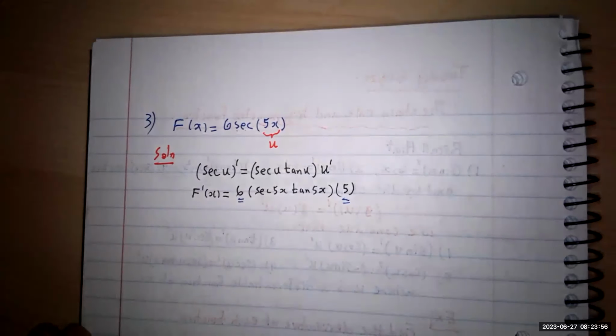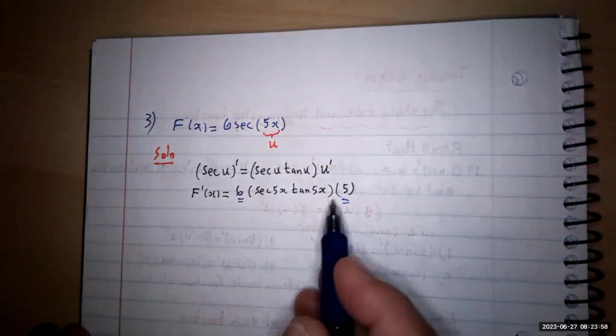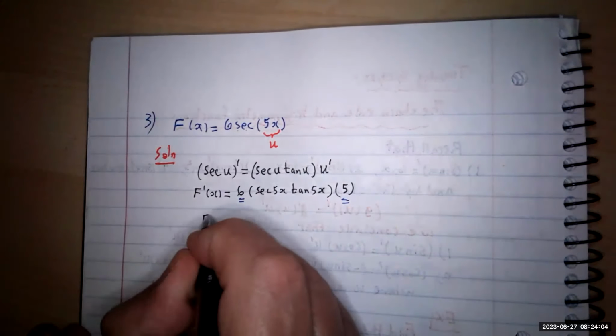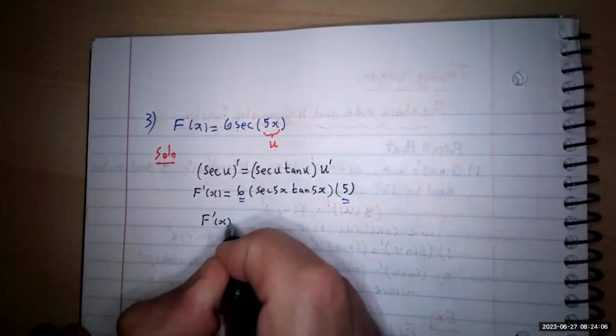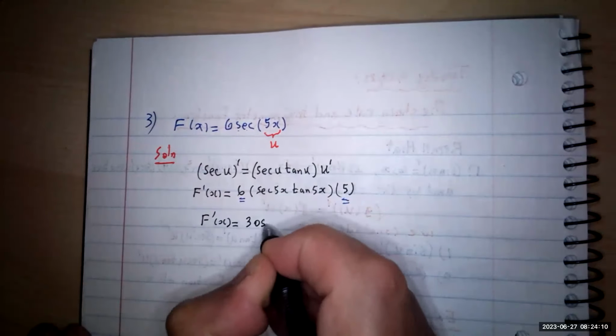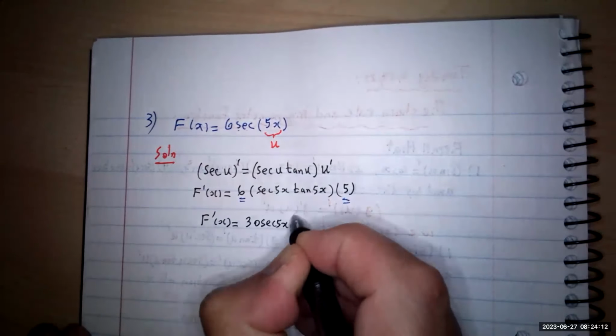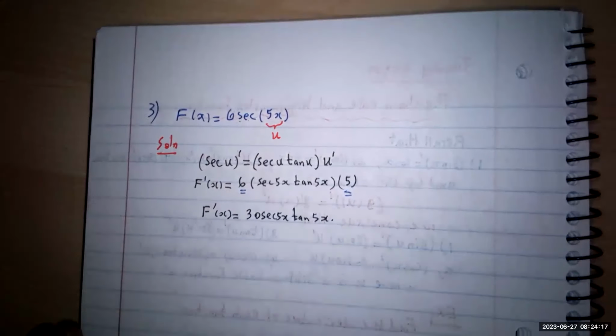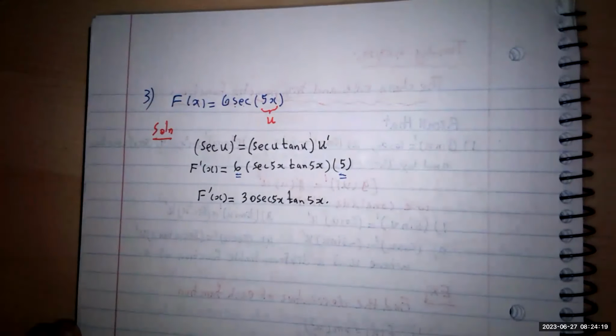You have to bring it up front and then simplify it. So your final answer is f prime of x equals 5 times 6, 30 secant of 5x tangent of 5x. So that gives you the final answer.